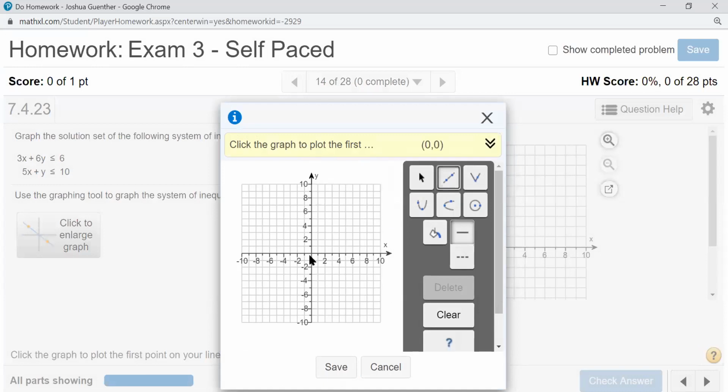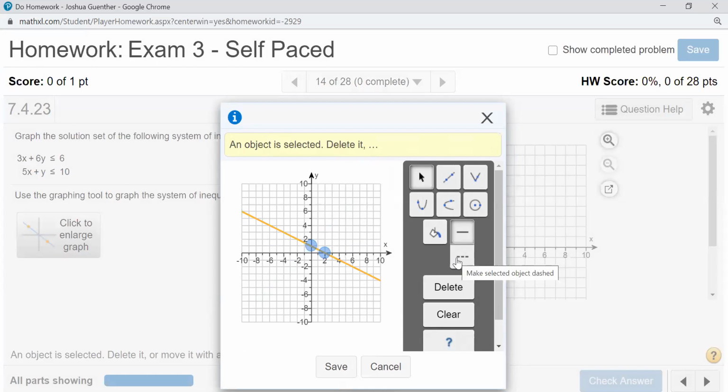Use the line tool. It crosses at 0, 1. Then for every 2 units I go to the right, it falls 1 unit. So there's the line itself. Then on top of that, it's using the less than or equal to, so I keep it with this nice solid line. I don't switch teams to the dashed line. I keep it with a nice solid line.